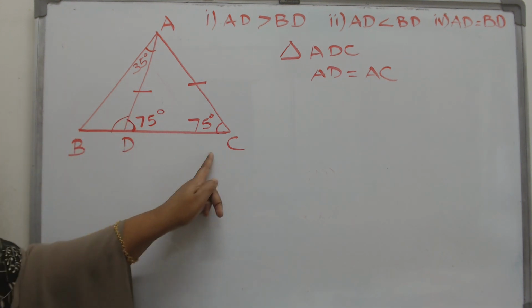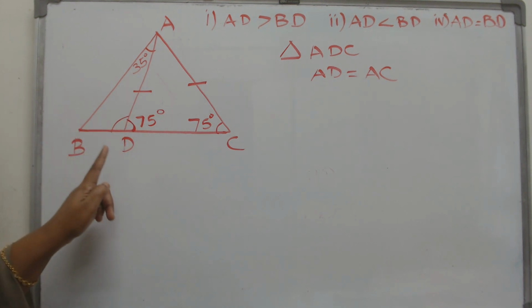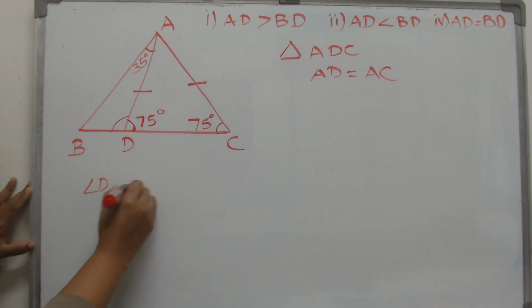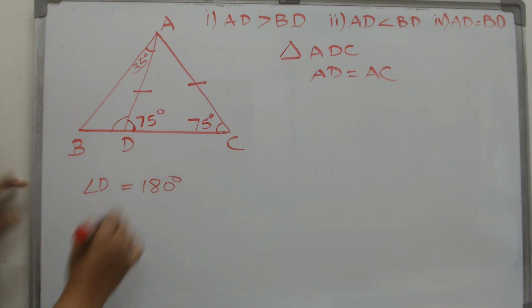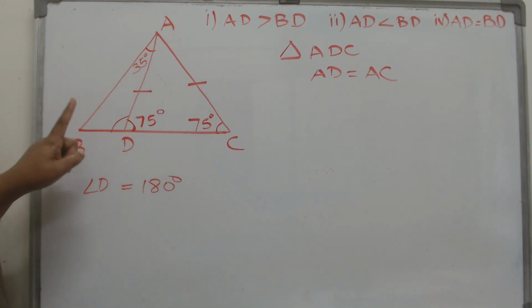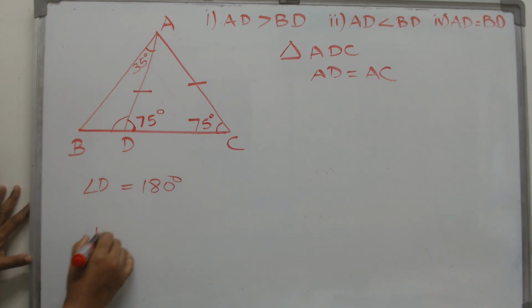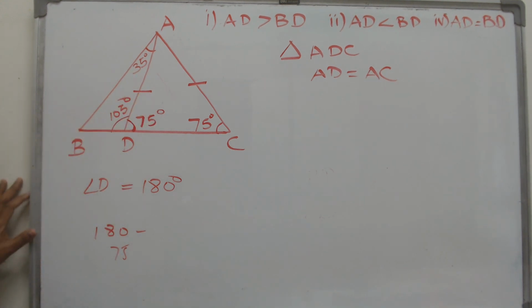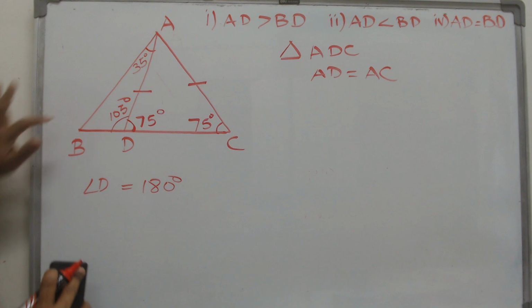If you see, it is a straight line, which means you get a linear pair. The whole of angle D is 180 degrees. It is split into two. One part is 75, so the other part will be 180 minus 75, which is 105. That is the second angle that you get in this triangle.